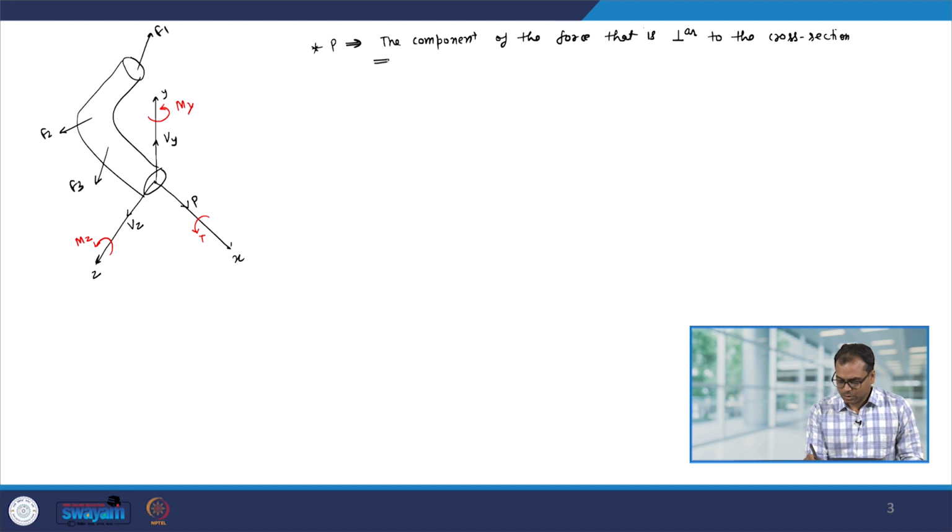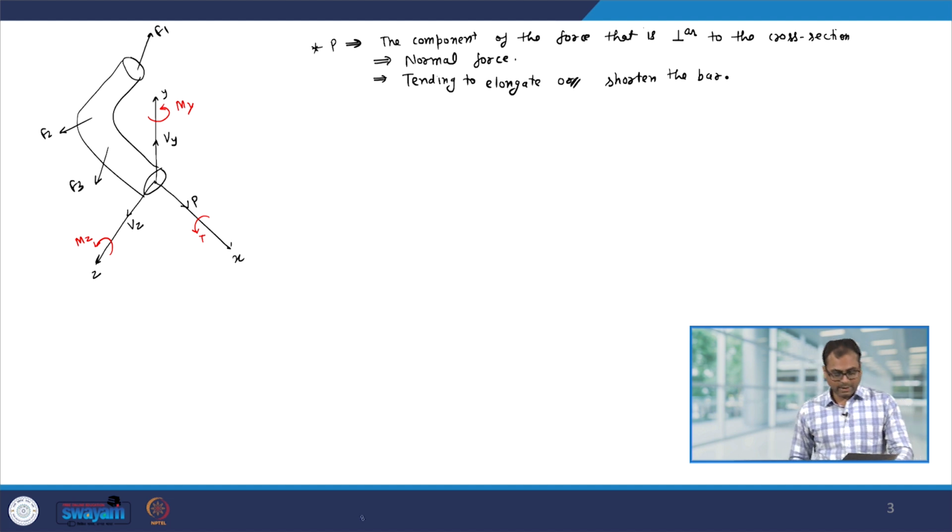This force is also called the normal force because it is perpendicular to the cross section. It has a tendency to elongate or shorten the bar.